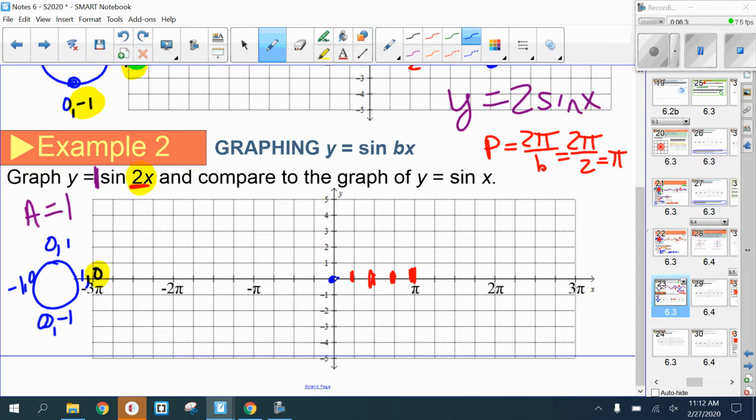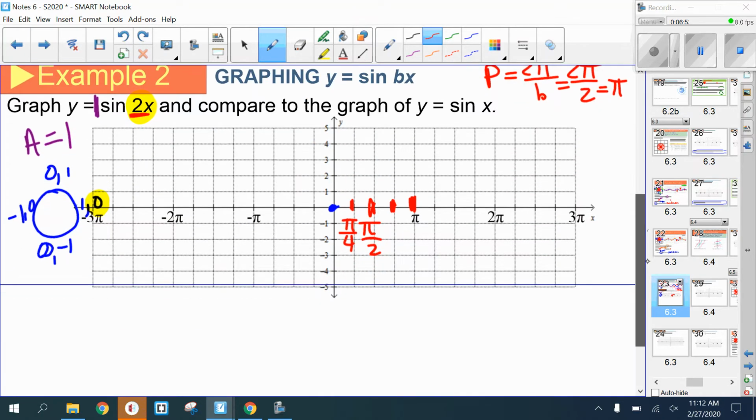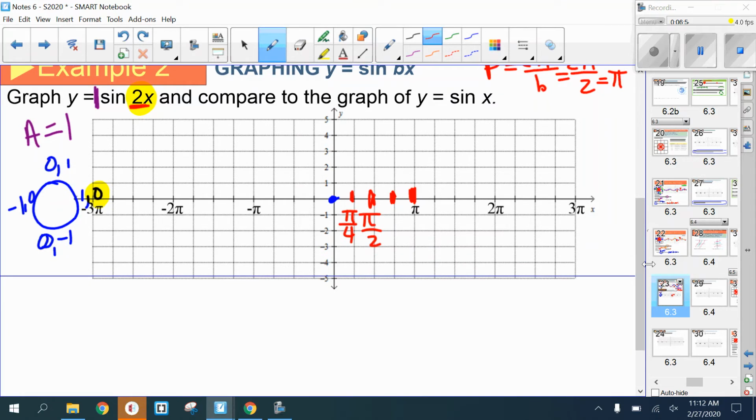Okay. Now, if you think about it, half of pi was pi over 2, and so half of that is pi over 4. So at that first red mark, we're plugging in pi over 4. Okay. I don't want to have to plug stuff in, but that's what we're doing. We're plugging in pi over 4. And so if you look at your equation, it's sine 2 times pi over 4.